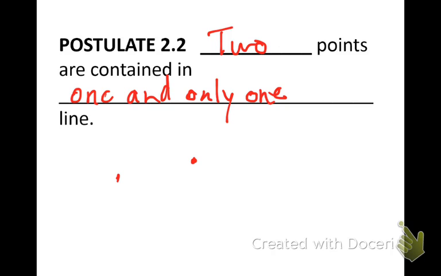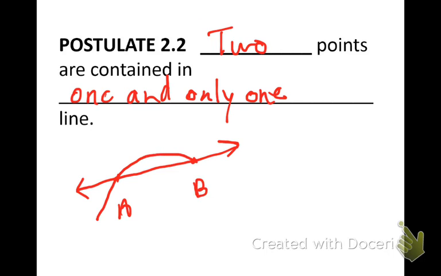Again, I draw A and B. I draw a line through them. The only other way I could draw through A and B is to do something like this, and that's not a line. Only the original line is the line that goes through the 2 points.